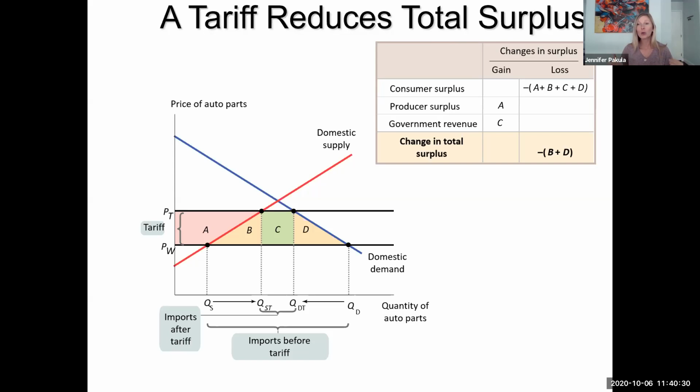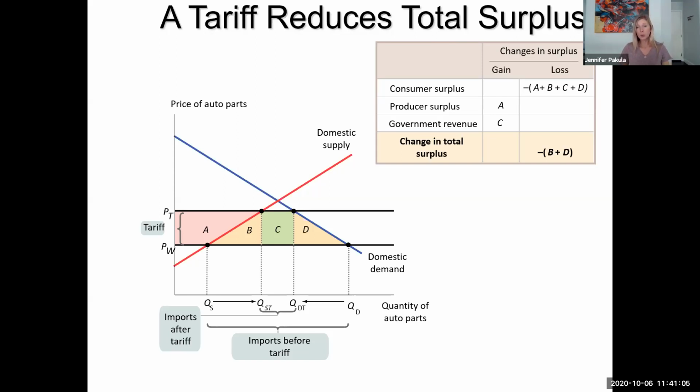So what we lose out on as consumers is we no longer are enjoying areas A, B, C, and D, because consumer surplus is the area above price, in this case PT, below the blue demand curve. So it's the upper white triangle. It's not labeled in this case, but originally it was from PW all the way over to the blue demand curve and that larger triangle. It's just decreased.